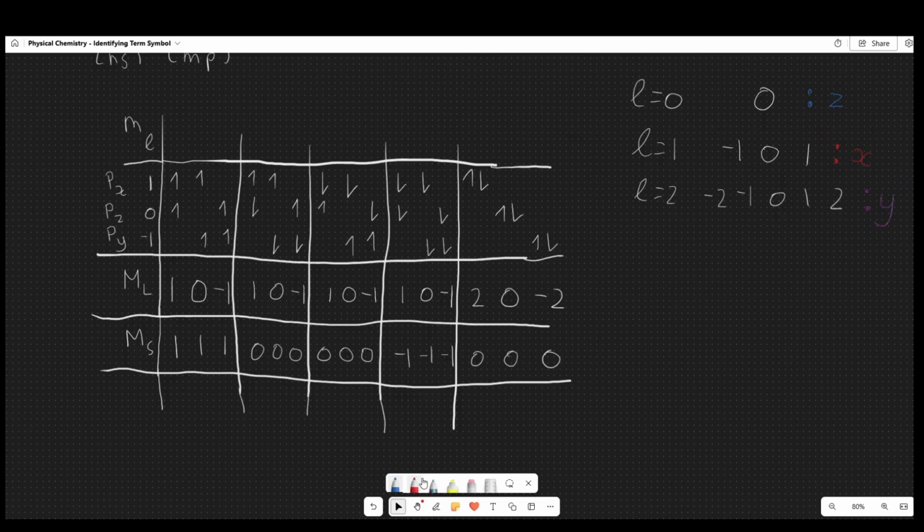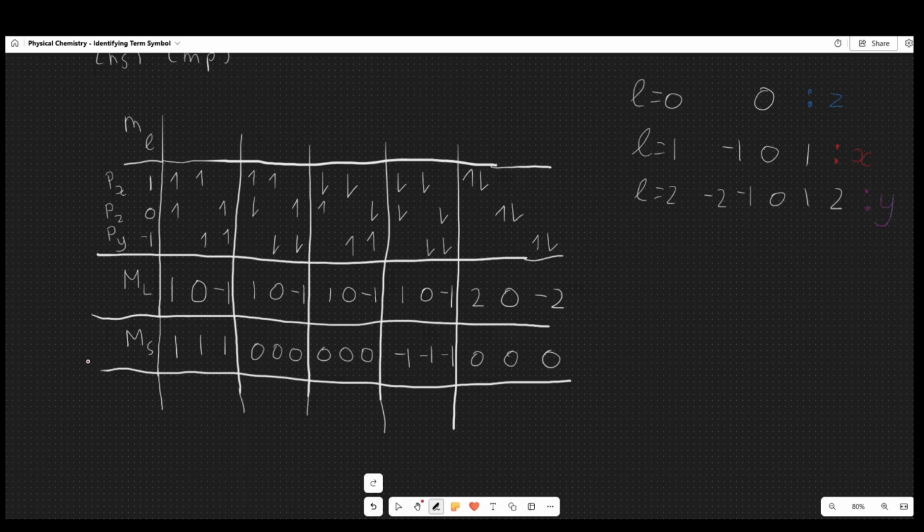Let's first start with X. We see that we have a grouping. Sorry, this is not for M sub L. These are the S values, by the way.